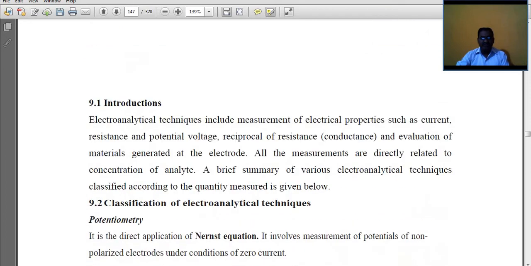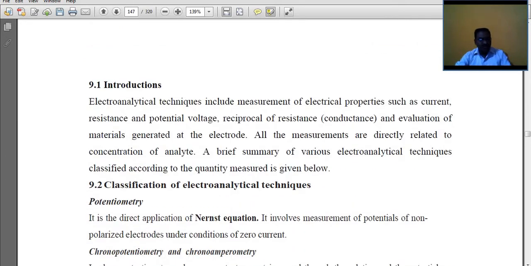Electroanalytical techniques include measurement of electrical properties such as current, resistance, and potential voltage, the reciprocal of resistance, that is conductance, and evaluation of materials generated at the electrode. All the measurements are directly related to concentrations of analyte.